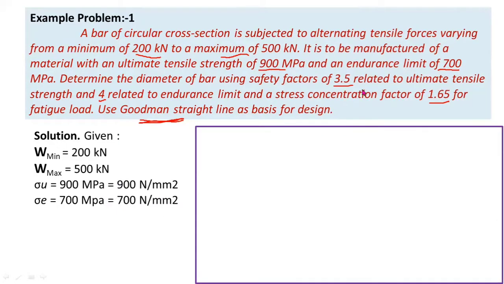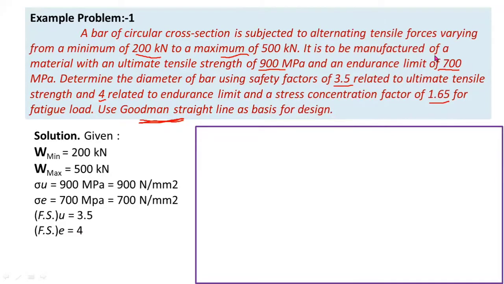And here the factor of safety for ultimate stress equals 3.5 and Fs equals 4 for endurance limit. Here 3.5 is related to ultimate tensile strength and 4 is related to endurance limit. So Fs with respect to the endurance limit equals 4.